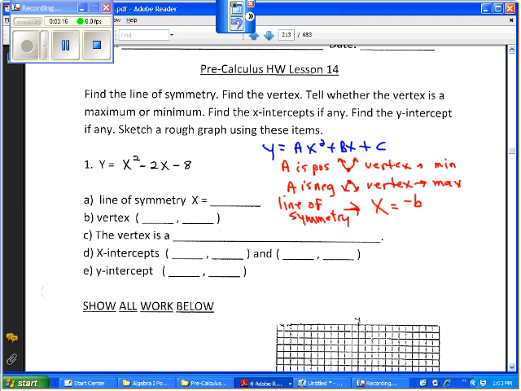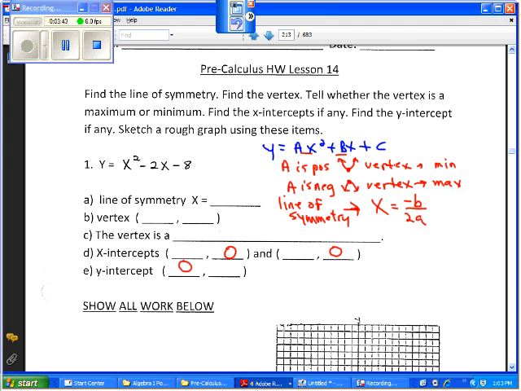Negative b over 2a, and that's using the a and b of standard form, right? These are standard form rules for quadratics, okay? To find the x-intercept, you let y be 0. To find the y-intercept, you let x be 0, and that's all the rules that we need to know.